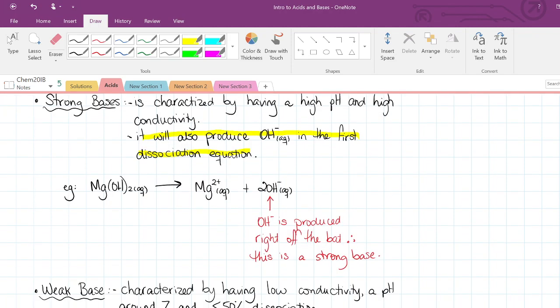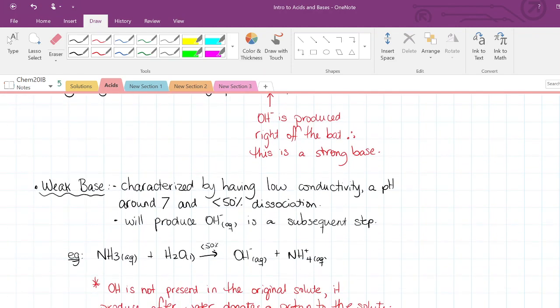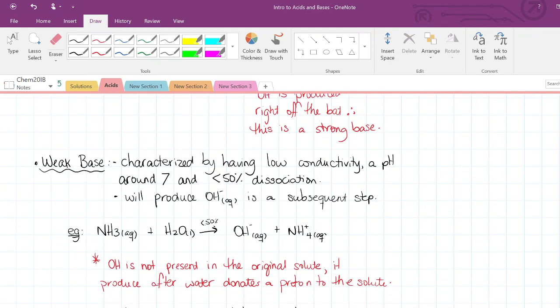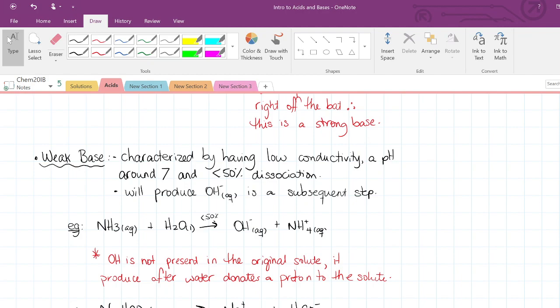A weak base, however, is considered weak because typically what happens is the base is going to produce the hydroxide in the second step, or if you look at that chemical formula, the base doesn't have a hydroxide attached to a cation.